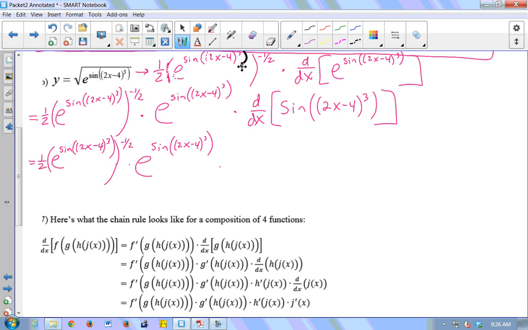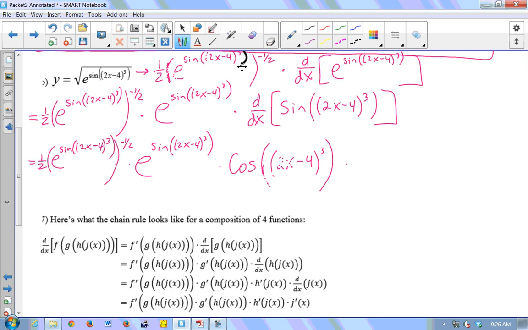Okay, now the derivative of the sine of some stuff is what? Cosine of that stuff. So I've got the cosine of 2x minus 4 cubed.